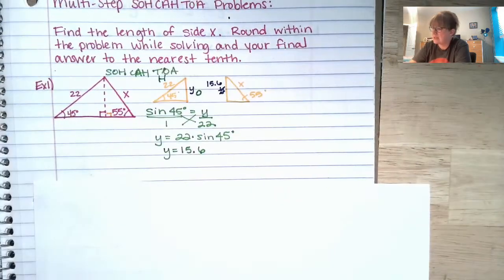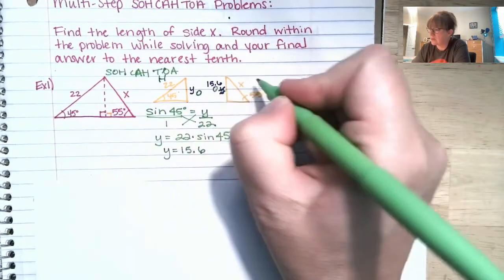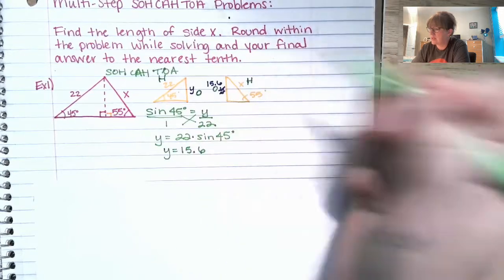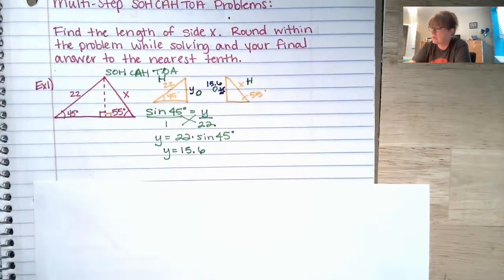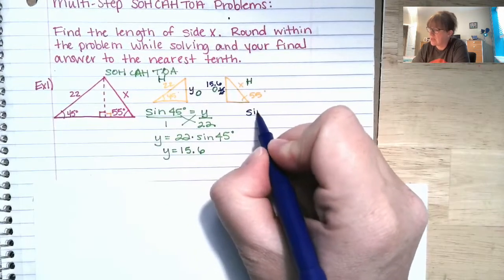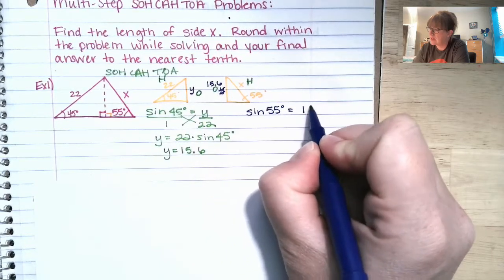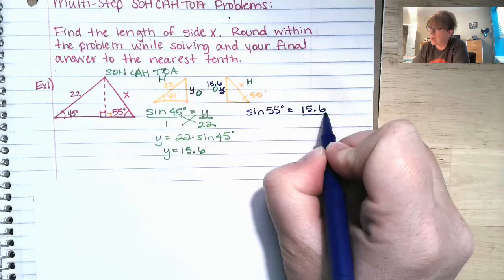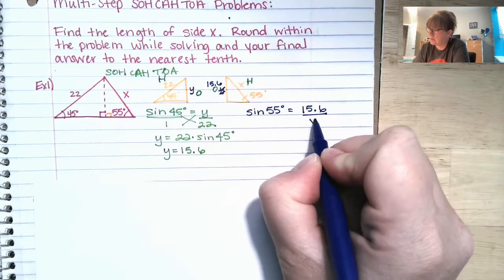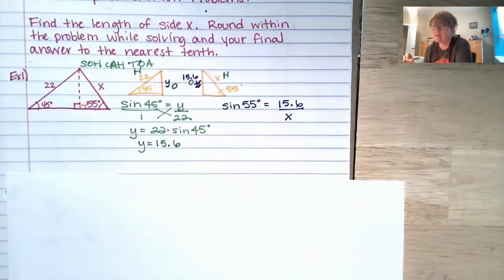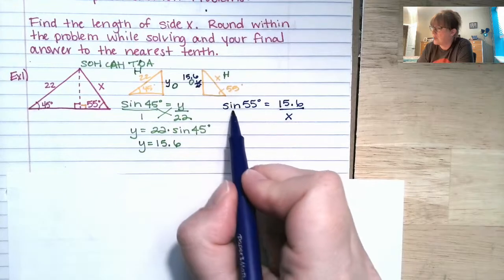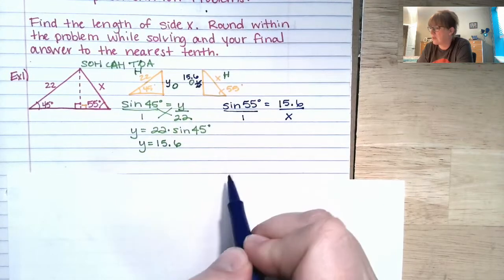Again, let's label everything with A's, H's and O's. Here's our O, here's our H, same ratio. So let's switch this over. We're going to do sine of 55 degrees equals our opposite over our hypotenuse, which is what we don't know. This one is a little different from the other one because the variable is on the bottom.